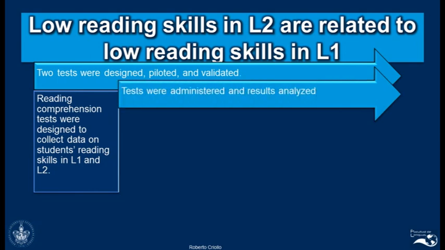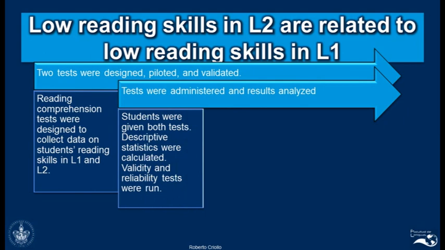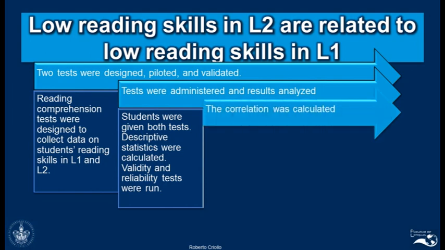Once they were finalized, when we found good estimates in terms of validity and reliability, we analyzed the results. We gave the test, we calculated the descriptive statistics, and we ran the validity and reliability tests again to calculate the scores that they got in L1 and L2 in the reading comprehension skill.